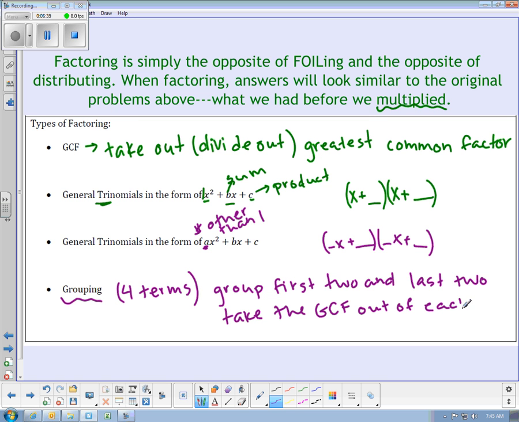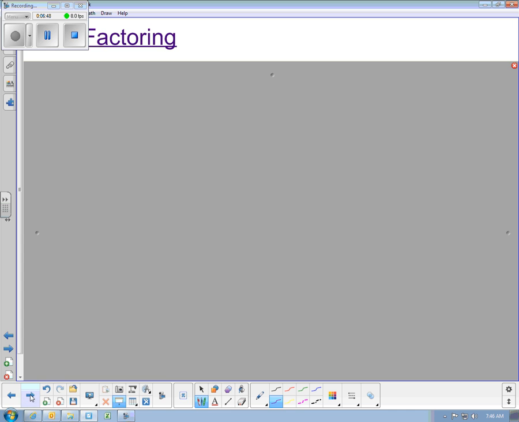And you get your factors that way. Okay. So we're going to look at all those types of factoring today. Let's just start by looking at a few GCFs here.